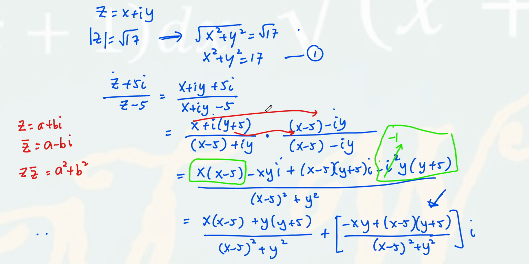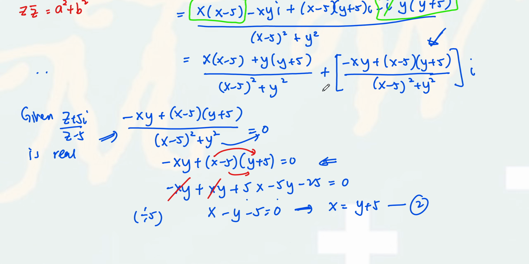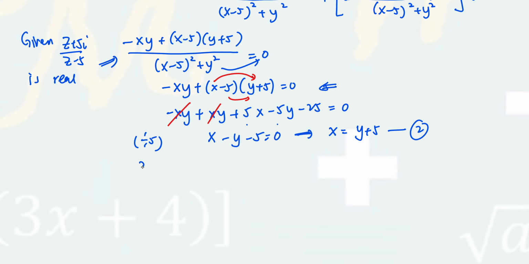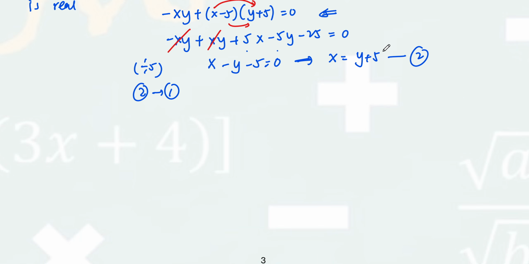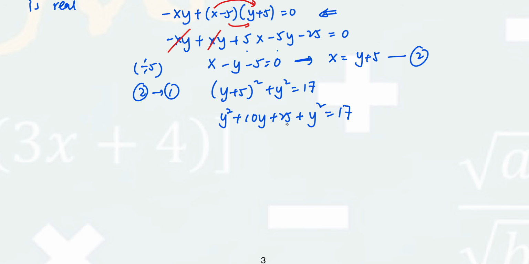Now I'm solving the first and second equations, so I will substitute the second equation into the first equation. Your first equation is x squared plus y squared is 17. Therefore my x is replaced by y plus 5, so y plus 5 squared plus y squared equals 17. Now we need to do expansion: y squared plus 10y plus 25 plus y squared equals 17, because it's a quadratic expansion.